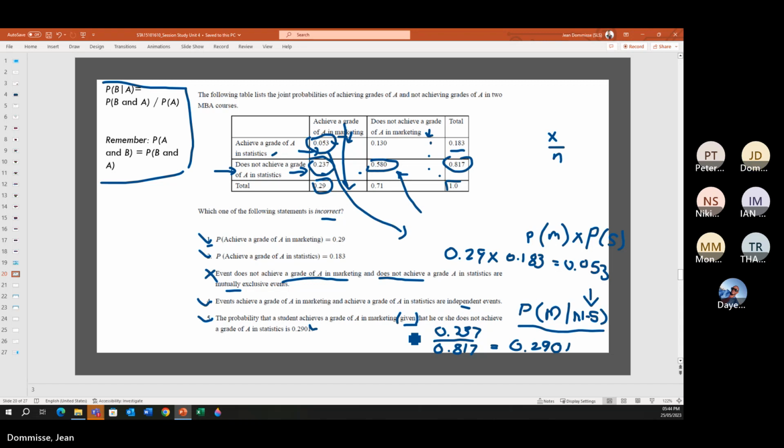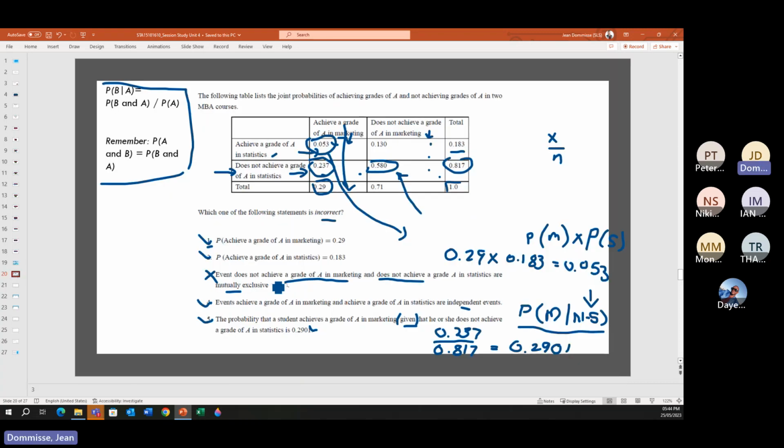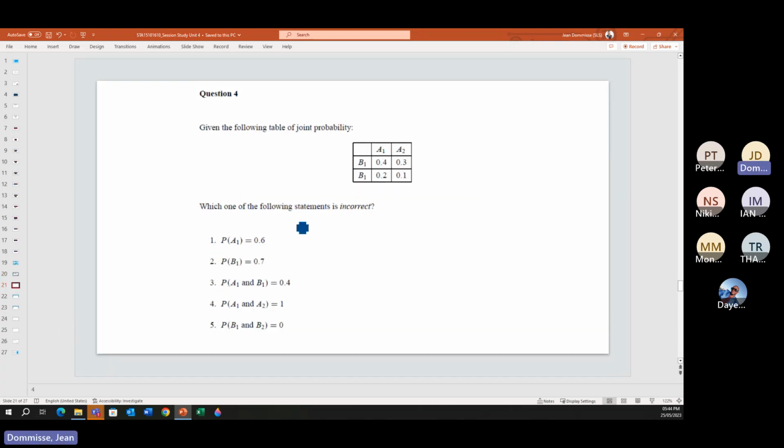So they've tested nearly all the important things that we need to know. It's important to remember what the definitions are, and how you can use them in the table as well. A lot of these questions will focus on those kinds of things.